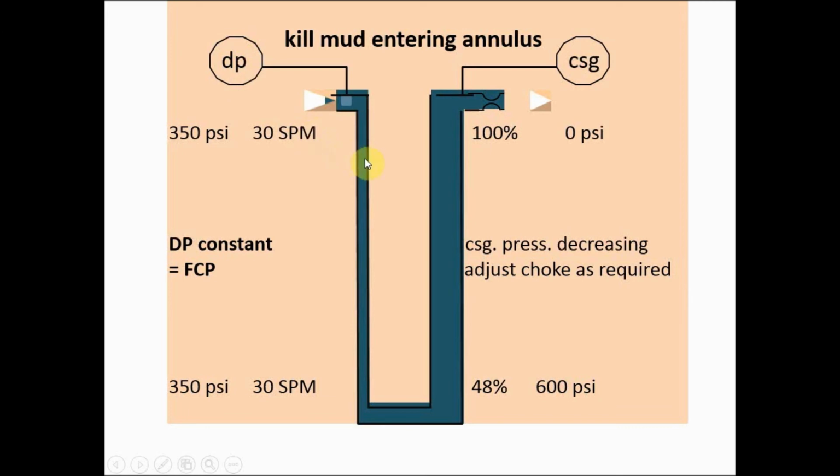Then we can perform a flow check through the choke, make sure the well is not flowing, and then with the choke still open, we open the BOP. Now the well has been killed.